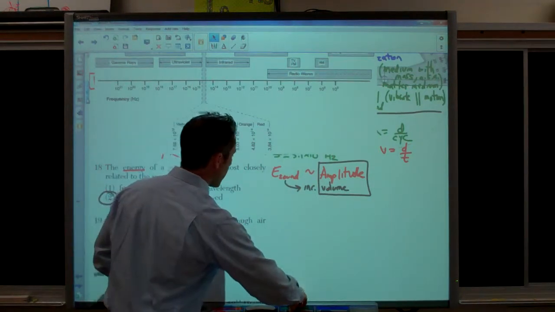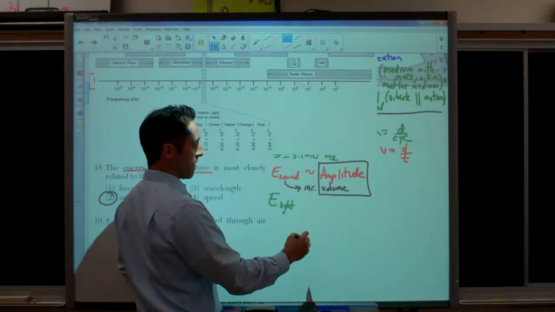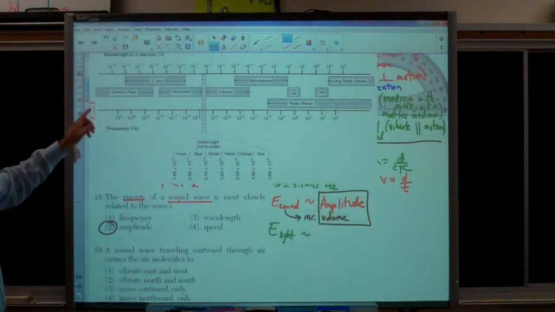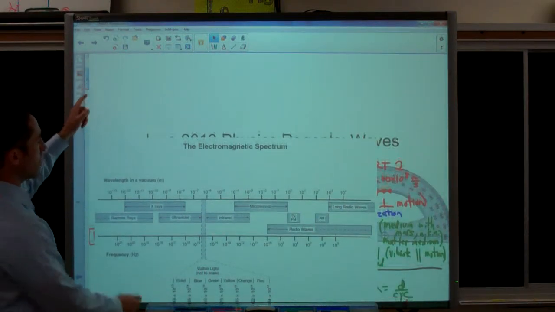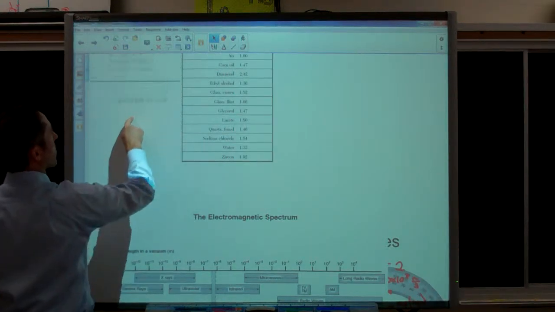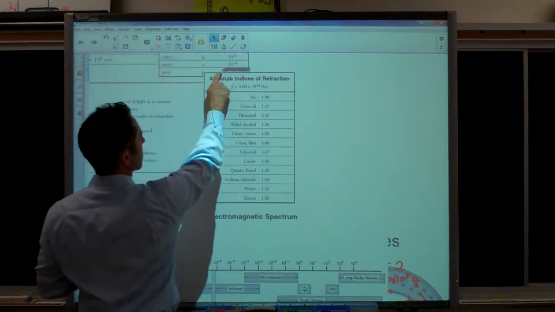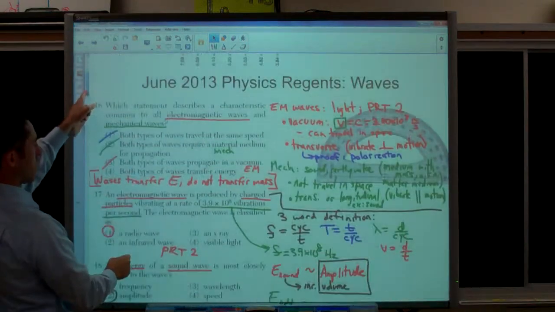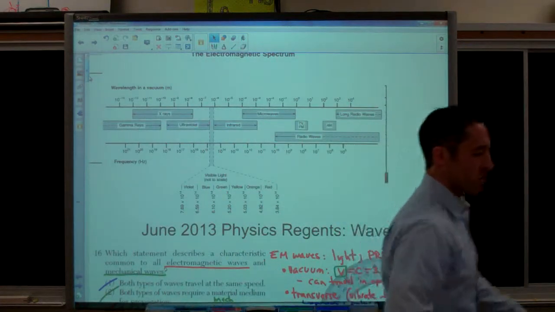But at the same time, you can know that the energy of light is actually not directly related to its amplitude. It's a little bit of a peek ahead to modern physics, but we have an equation. Where's it up here? Oh, we left some of this up here. We have an equation that tells us that the energy of light is related to its, don't have it right here, so let me just pull it up.